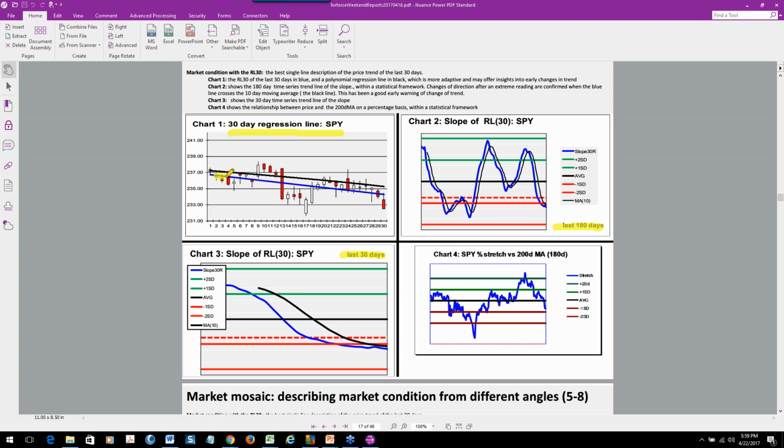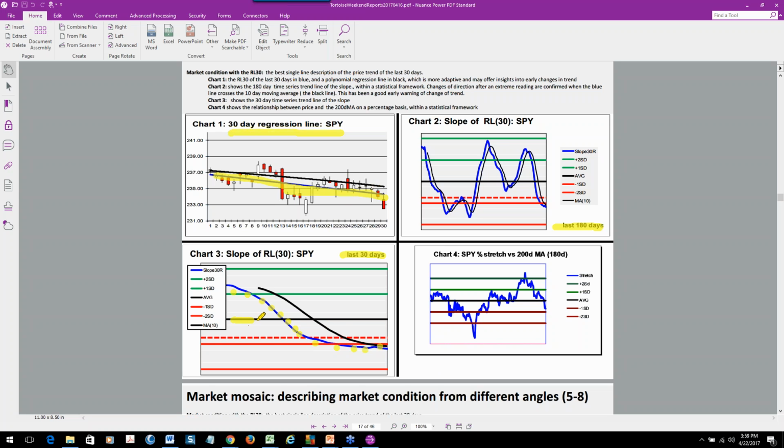The blue line is the actual 30-day regression line. It's a straight line. That line has a slope. This moving blue line right here is the moving average of that slope of the regression line.